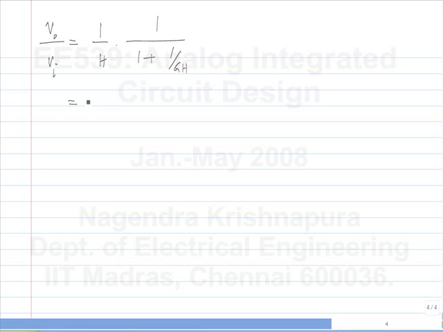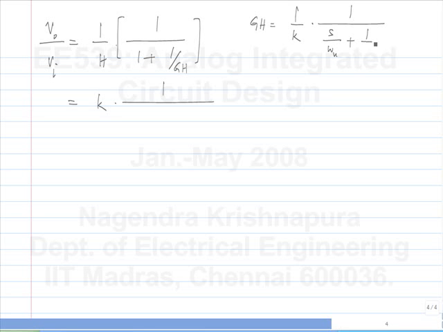What is H in our case? 1 by k. So this is k. And what is this quantity? So I said, what is GH? So 1 by k, and I'll use this form, S by omega u plus 1 by A naught. Okay.